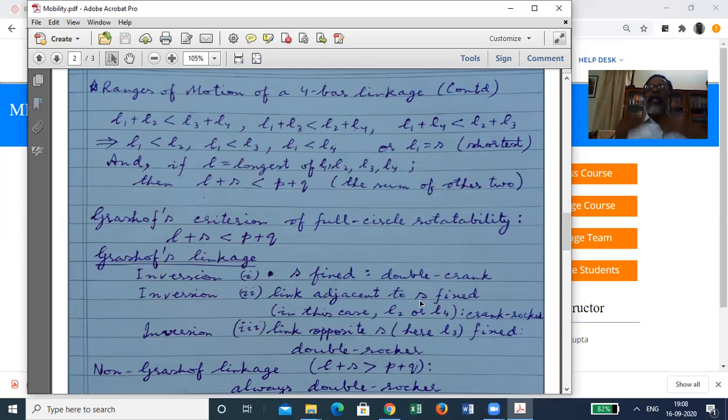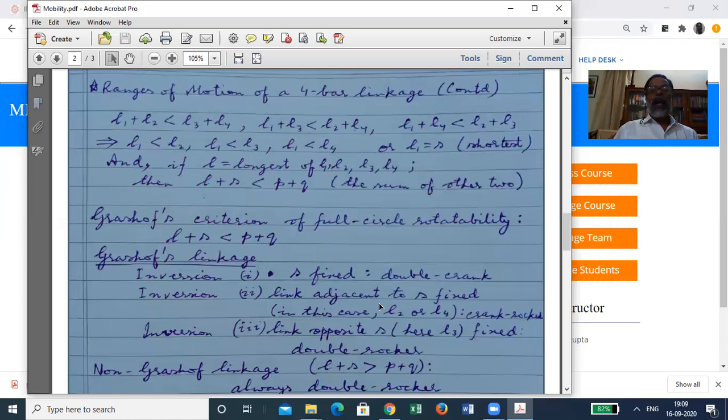Now, the same motion can be considered as if link 2 is fixed, and in that case, from the perspective of link 2, you will find link 1 moving full circle. So it is actually relative motion, so it is the same thing. So relative to link 2, 1 can move full circle. So if 2 is the frame, then link 1 will be able to move full circle, not link 3.